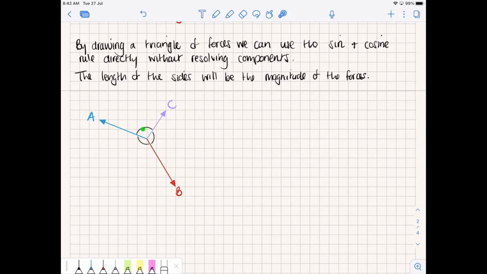These are the 2 angles adjacent to vector A. This is the angle opposite to vector A. The convention is to call this angle alpha. And then we have the angle right across from vector B. And finally, the angle right across from vector C.